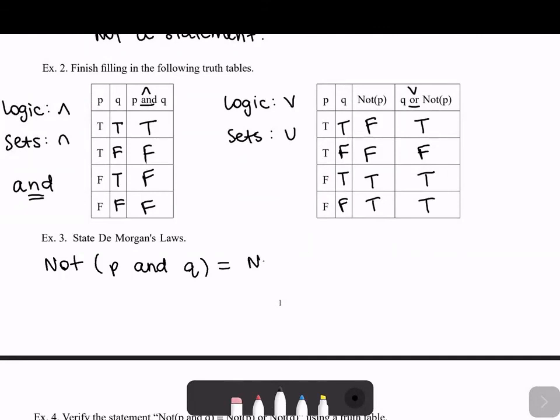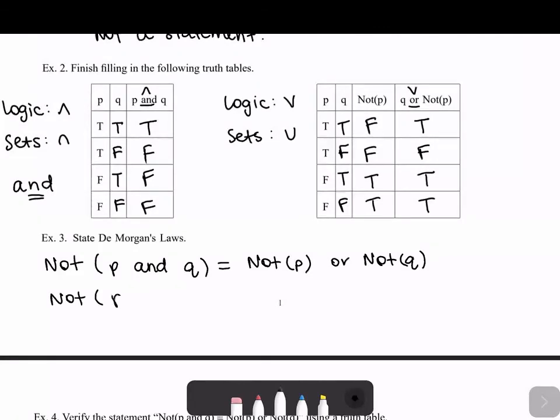So we're going to have not P, and then we're going to flip this and to or, and then we're going to negate Q. So we apply the not to each thing, the P and Q. And then similarly, we can do the same thing for or.